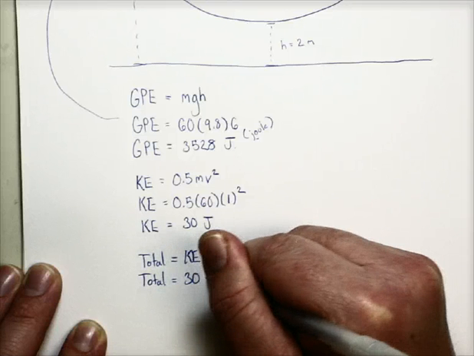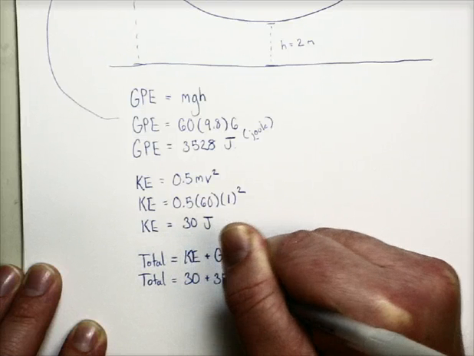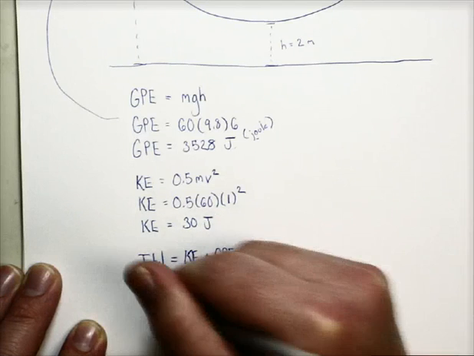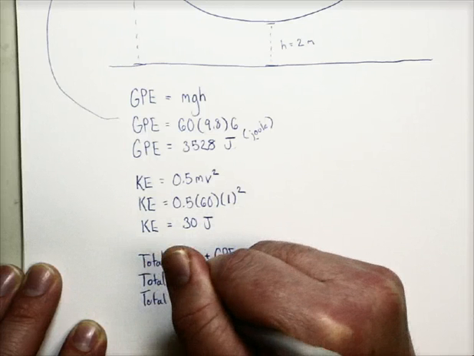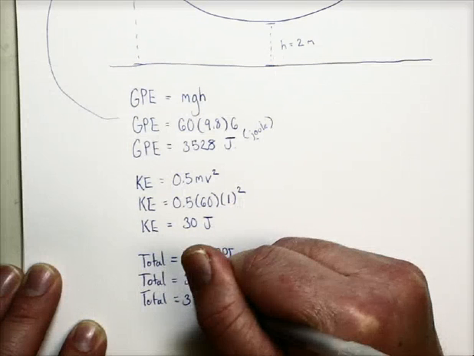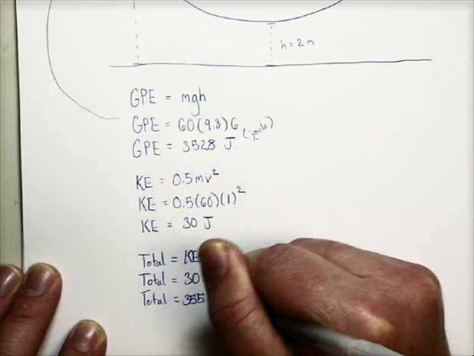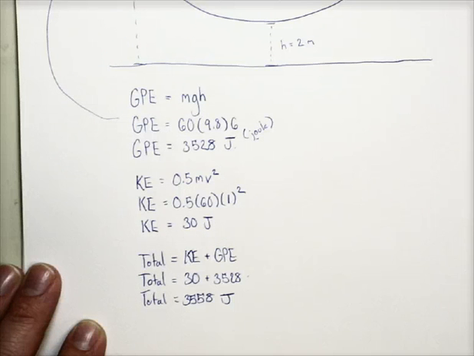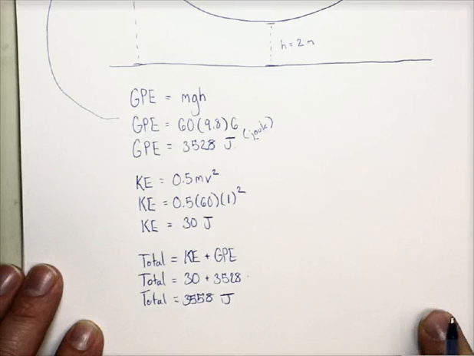So in this case it would be 30 plus 3,528. So the total energy is 3,558 joules.